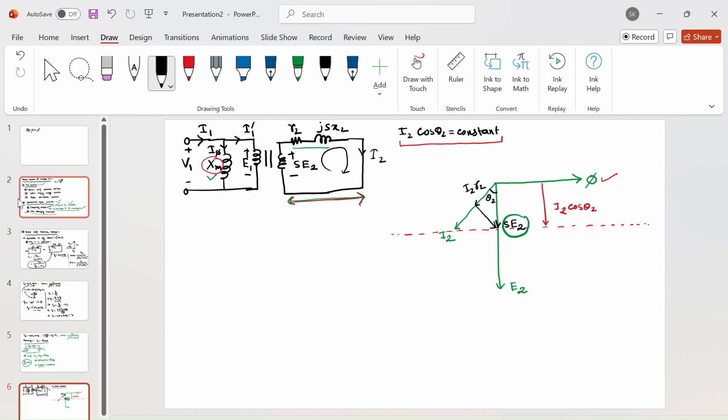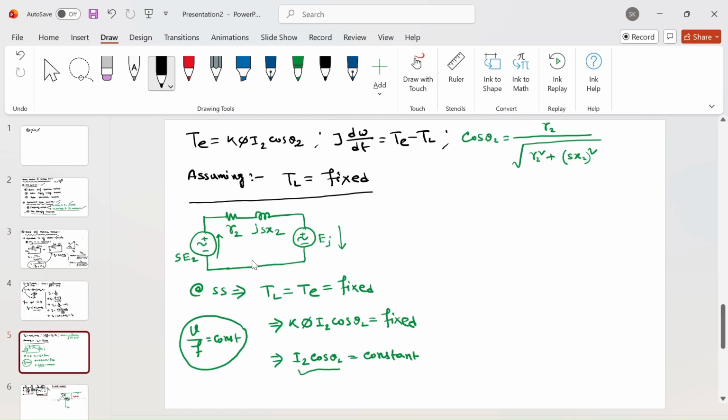In the previous slide, I mentioned that I am injecting a voltage that is in phase opposition from the circuit point of view, like they are in 180-degree phase. Let's say there is no EMF injection, that is, Ej is equal to 0. Then the rotor current was I2 equals SE2 by R2 plus jSX2, correct?